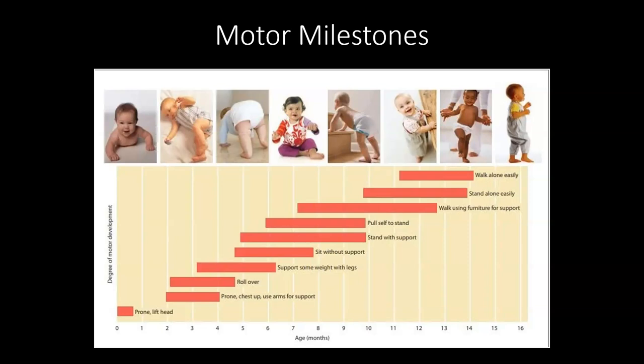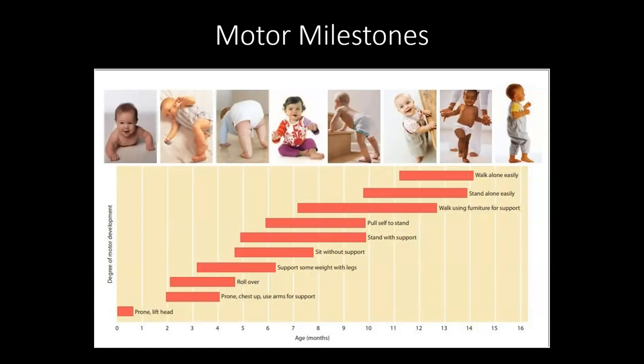Now, developmentally, and this is one of thousands of images like this that I found online, just to give you a visual of the milestones that parents and providers are going to be looking for as kids move through the first 16 months or so of life. From 0 to 1, you want to start looking for that baby to be able to lift its head.